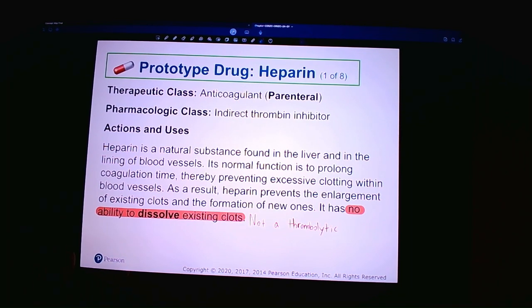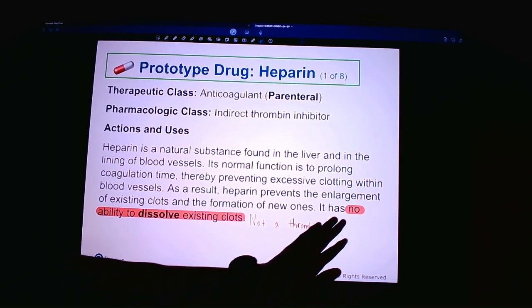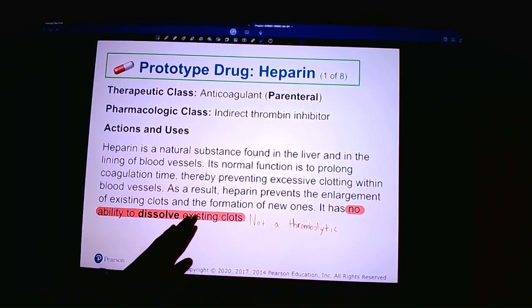So it's just an enhancer, right? Again, to emphasize, it has no ability to dissolve existing clots. It's not a thrombolytic, it just prevents clots from getting bigger or forming at all.